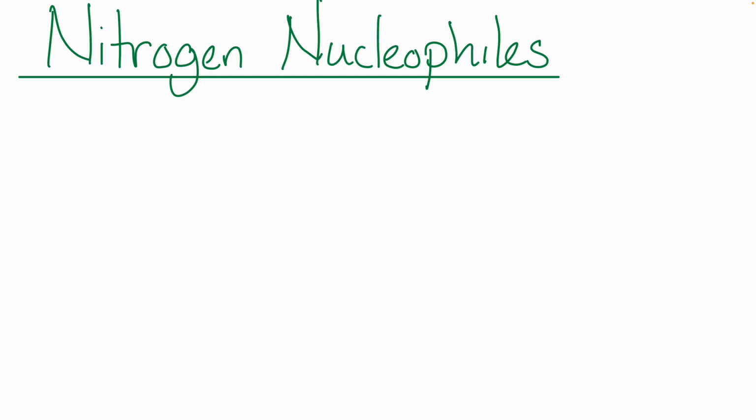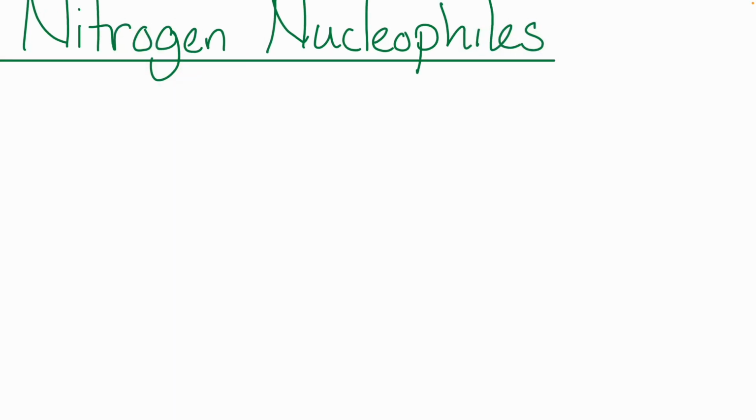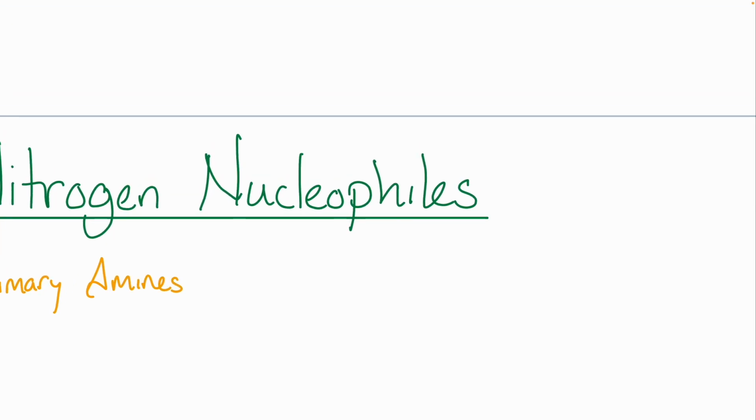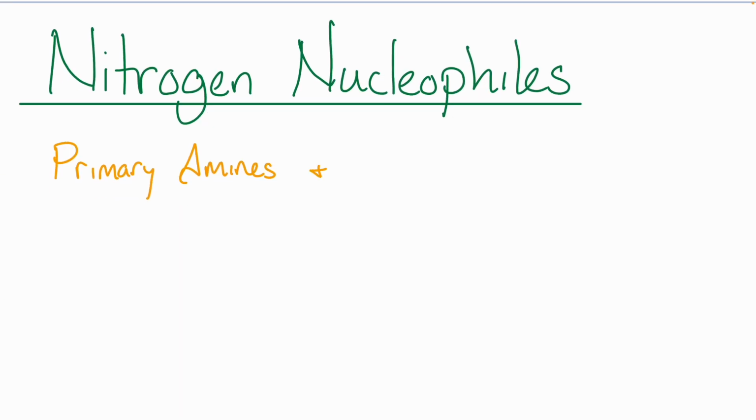We're going to have to break the world of nitrogen nucleophiles up into two different camps here. We're going to look first at primary amines, and ammonia, the very simplest amine.